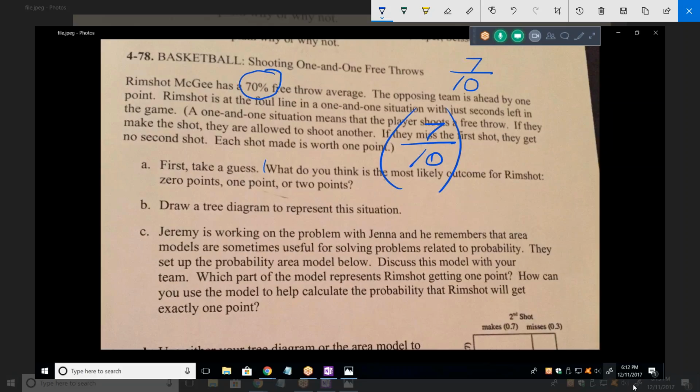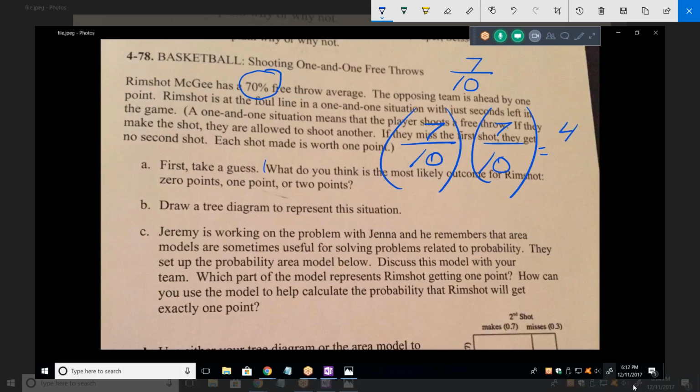What's the probability that she makes the second shot? 7/10. Exactly. So what's the probability she makes both shots? Well, multiply these two probabilities together.